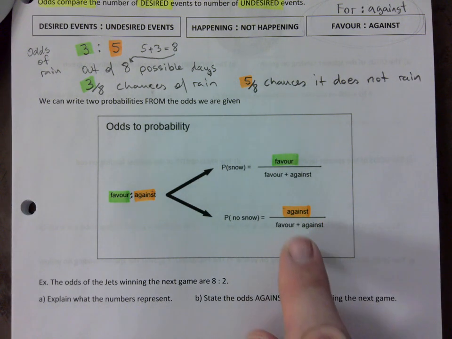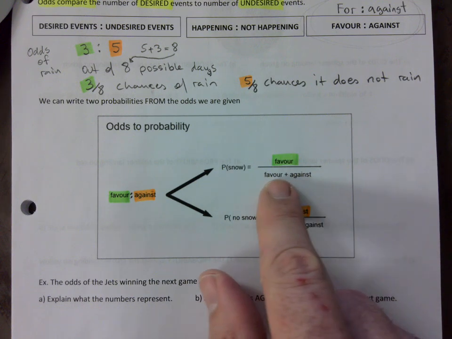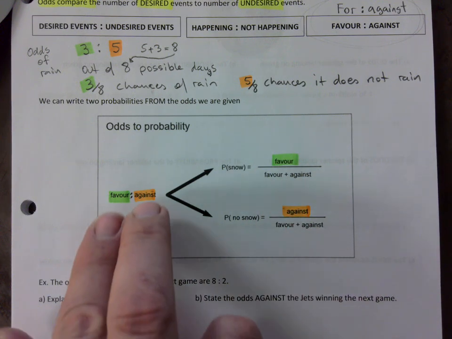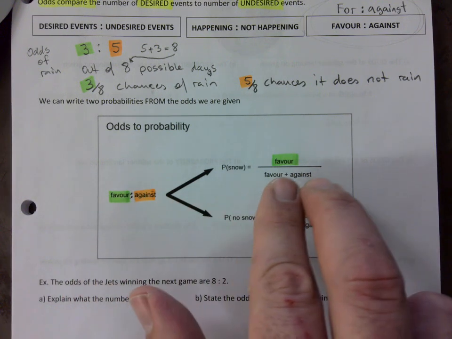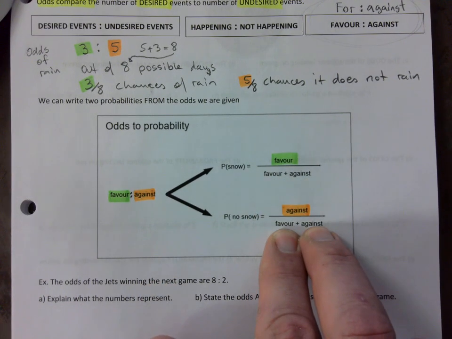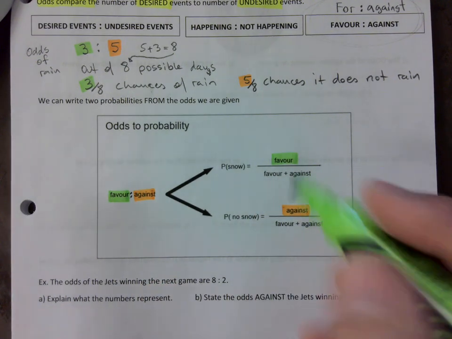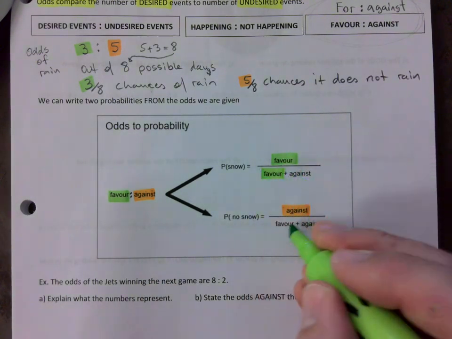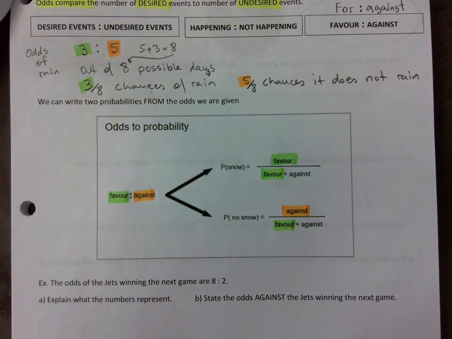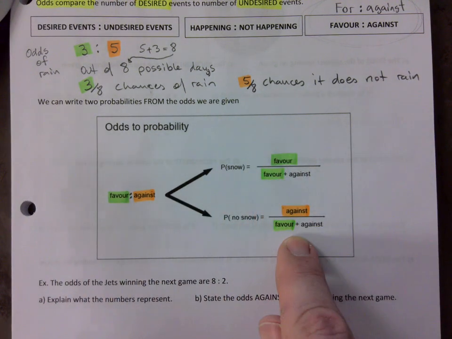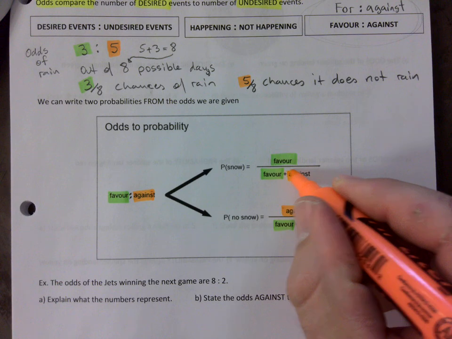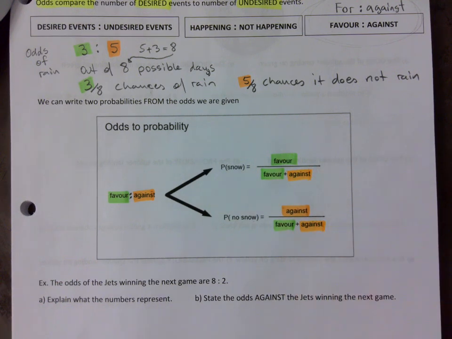And watch this. What happens in the denominator every single time? What do we do with these 2 numbers? We always add them together. So I will show that. Favor, I'll highlight them both in the same color. For me it's green, so favor is green. And against is like that.